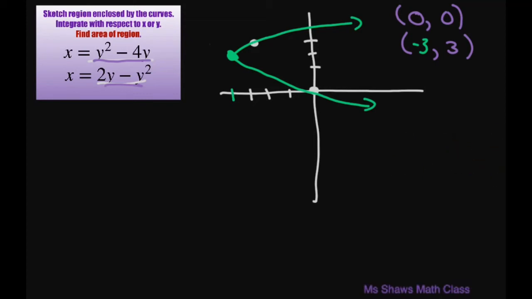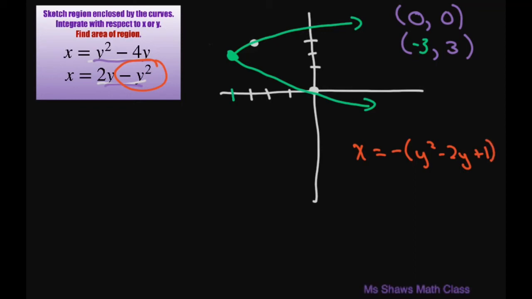Now let's do the same thing for the second one. The second one is going to open up to the left because it's negative. So I'm going to rewrite this and just write negative y. Let me scoot this over. Sorry, x equals negative y squared minus 2y. Now you complete the square. You're adding 1, and you add 1.